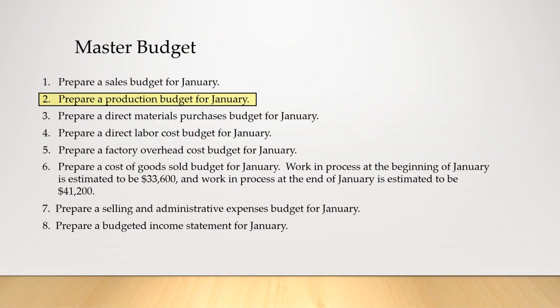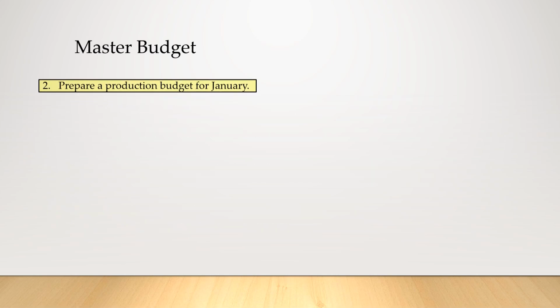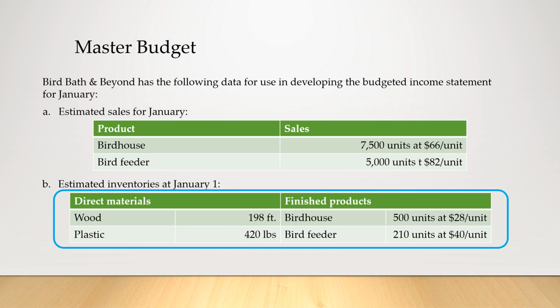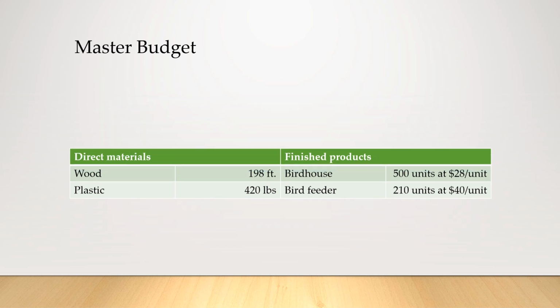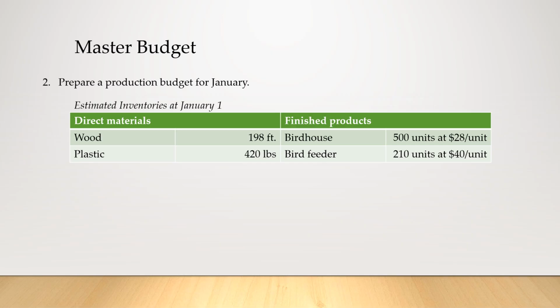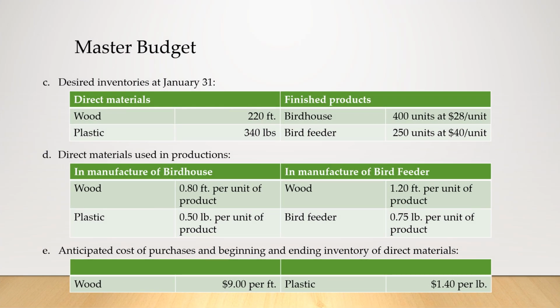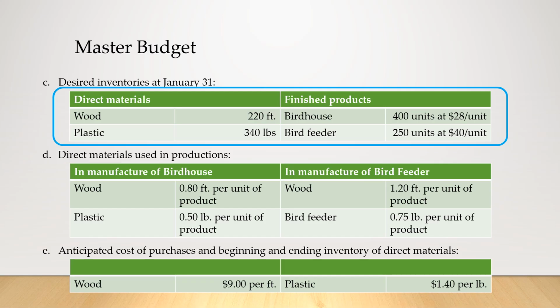Number 2, prepare a production budget for January. The production budget is built by referring to the following tables. Estimated inventories at January 1st, and estimated inventories at January 31st.